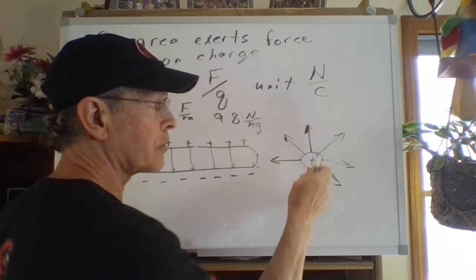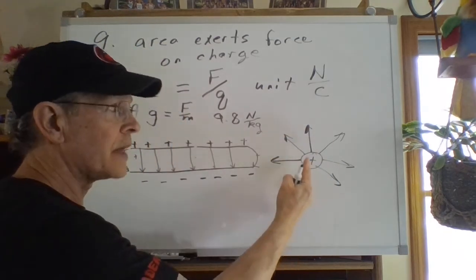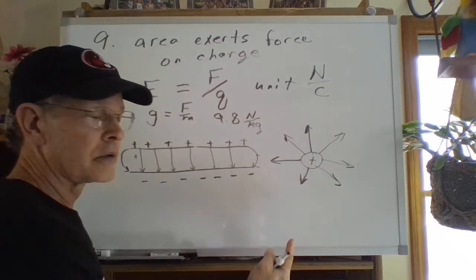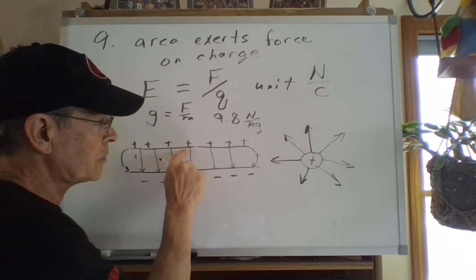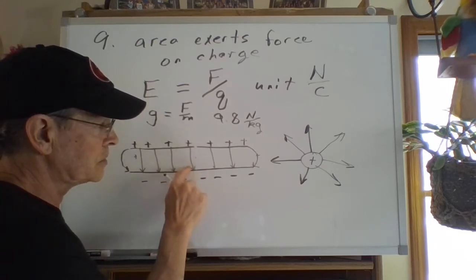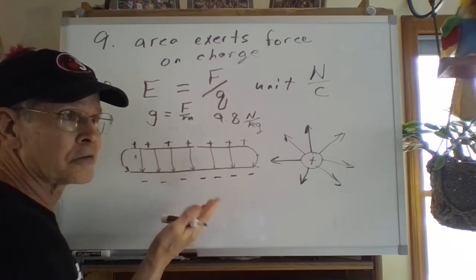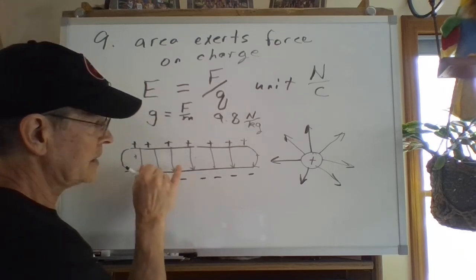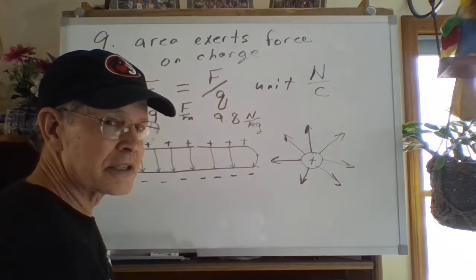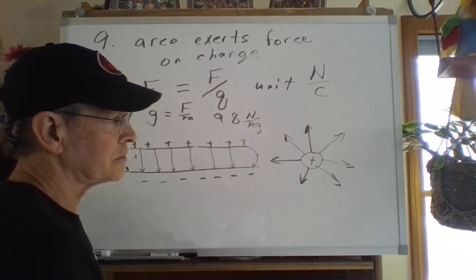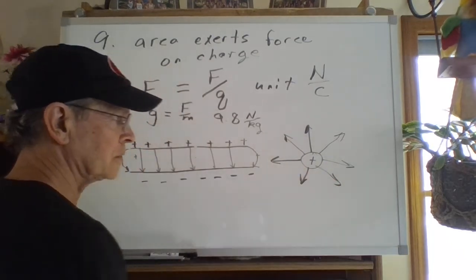Now, as you move farther away from that charge, the force becomes weaker. Not true of the parallel plates. If you move farther from this plate, you just get closer to that plate, so the force remains constant, and hence the parallel lines. So the distance between the lines indicates strength, and you can see farther away it gets weaker.